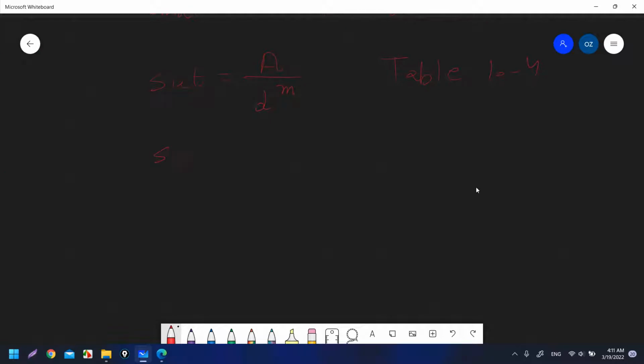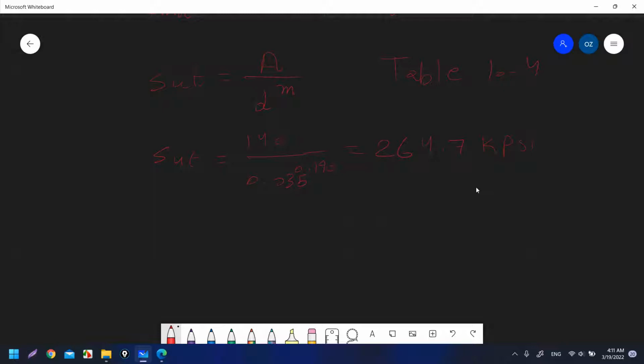So SUT is equal to A is 140, D is 0.035, M is 0.190, and this will give you that the ultimate tensile strength is 264.7 kilopound per square inch, because A is in kilopound per square inch. That's why the value for SUT is in kilopound per square inch.